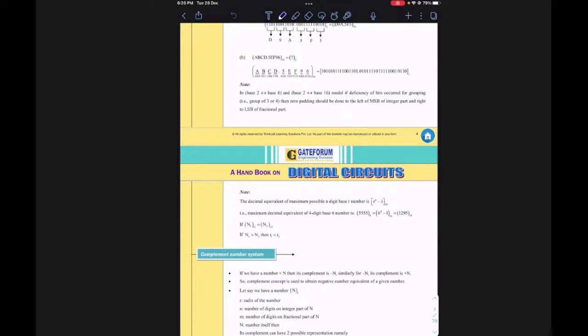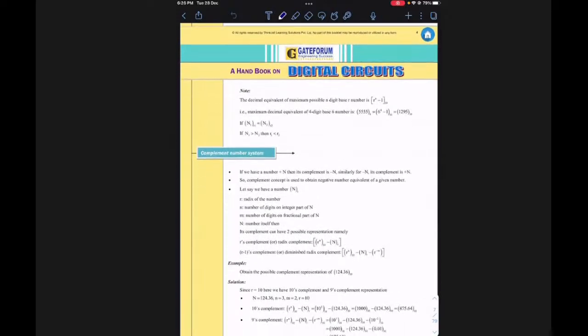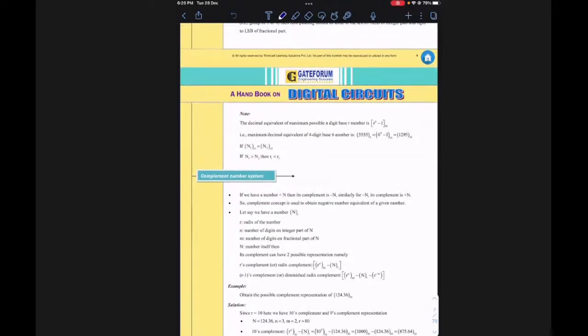So here the main thing is, if you have base r, this base r can have two possible complements. One is the r's complement and one is the r minus 1's complement. Let's say you have a number N in base r. This number N can have two possible ways to represent minus N. Why minus N?